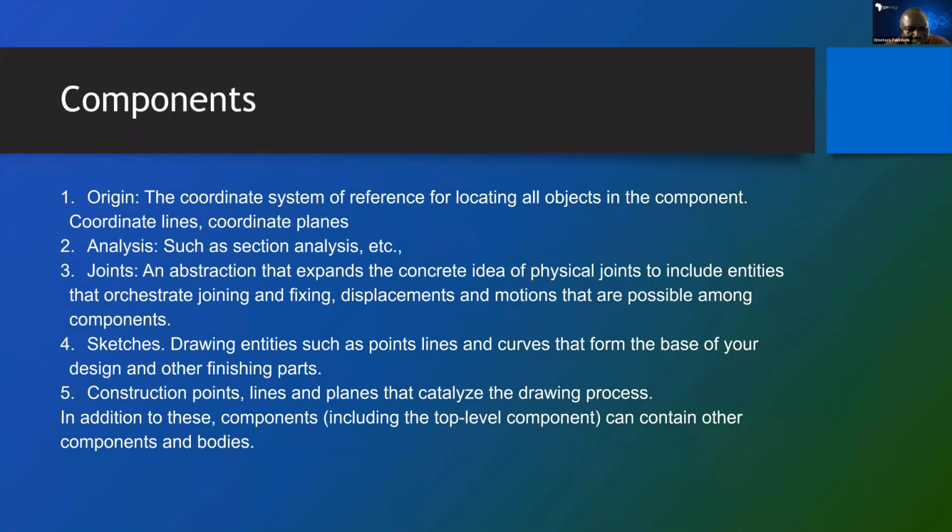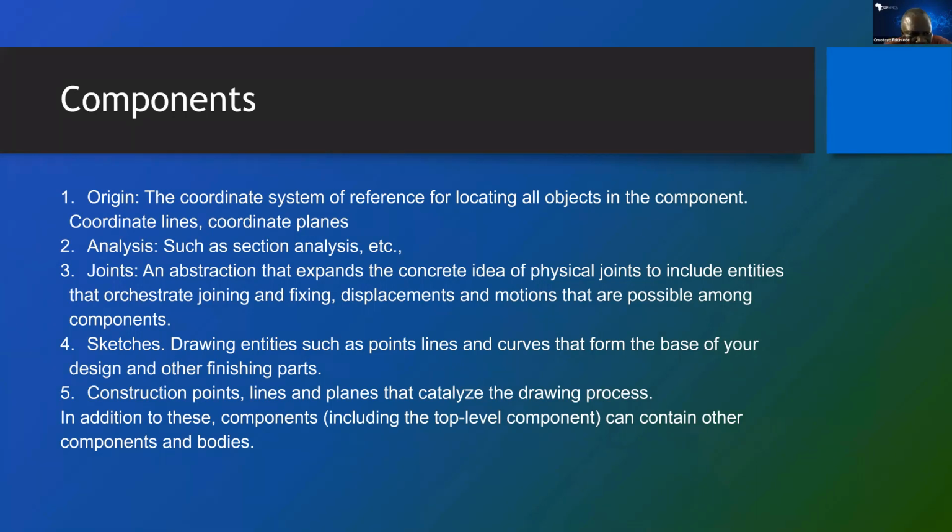When you finish, such analyses do not disappear. They are stored under the analysis section of your component so that you can refer to them over and over again, unless you cancel them.